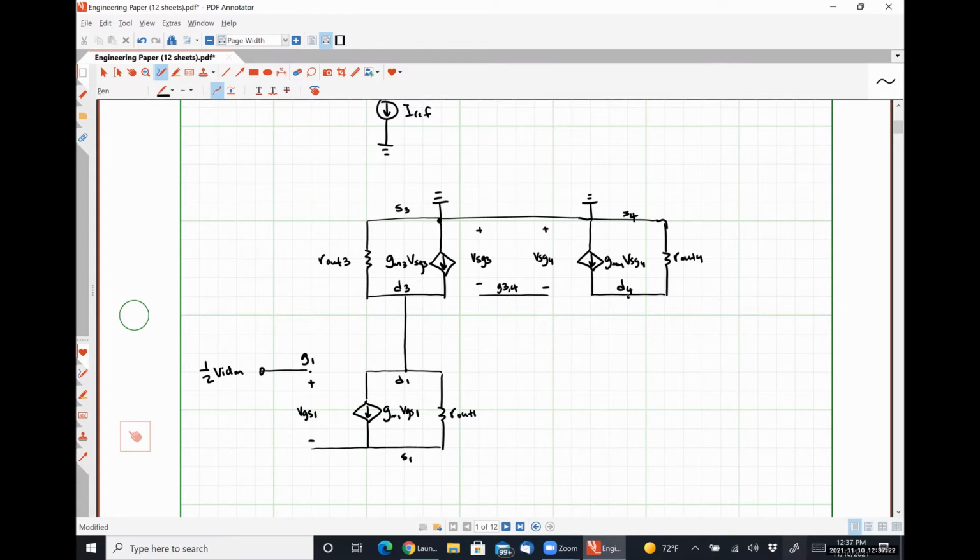Similarly, over here on the right, the drain of transistor 4 is tied to the drain of transistor 2. The current source is gm2 VGS2.